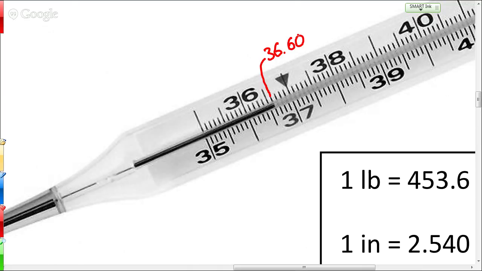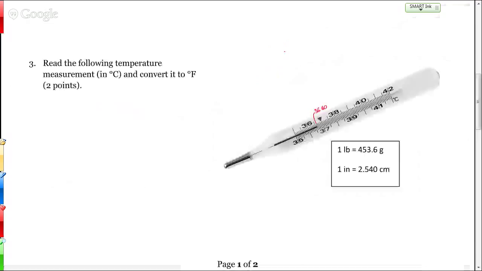You get the 36 from the big numbers, then the 6 from the tick, and then the final digit will be your estimate, depending on where you saw it, so plus or minus 0.01 or 0.02 or something like that. But if you just put 36.6, that is not correct, because there is a higher level of precision on this instrument. Okay, so then we convert it to Fahrenheit. How do you convert from Celsius to Fahrenheit?